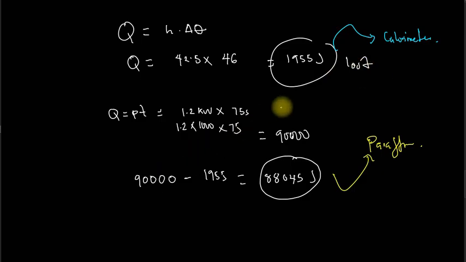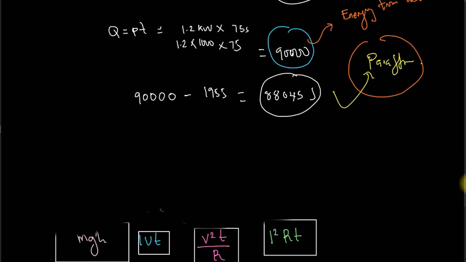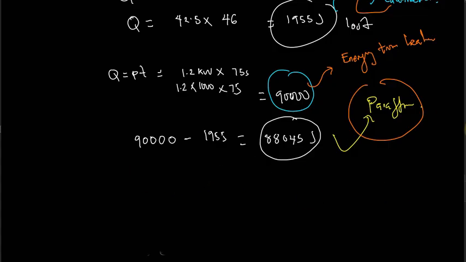Therefore, this one is the total energy generated from the heater. So the energy generated from the heater minus the energy lost to the calorimeter will give us the energy used to warm the paraffin. So that means we are going to use what? 88,045 is equal to what?